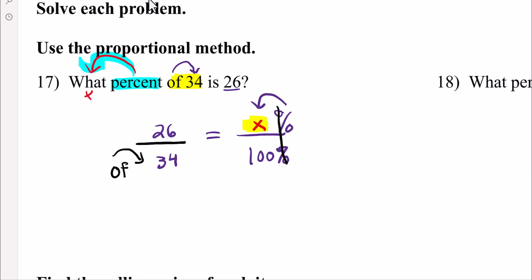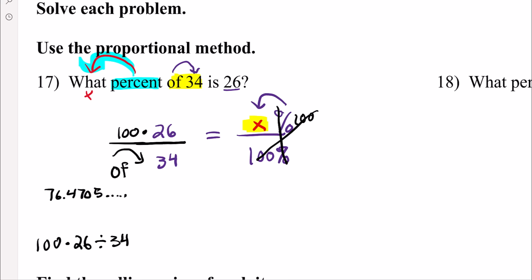Percent divide percent, we can cancel those. Now we have a divide 100. We're going to multiply both sides. Now, in your calculator, 100 times 26 divide 34. And what the calculator will read is 76.4705, and it's going to keep going on.